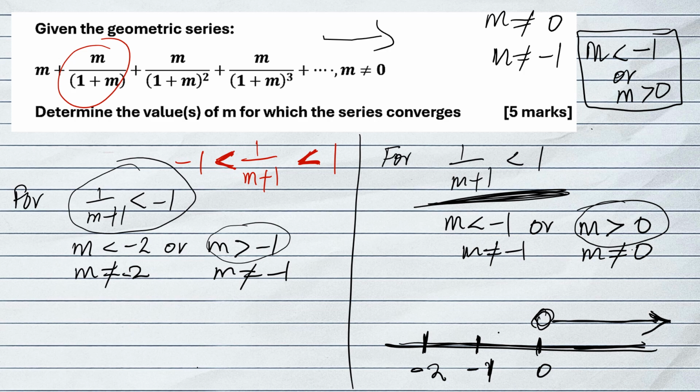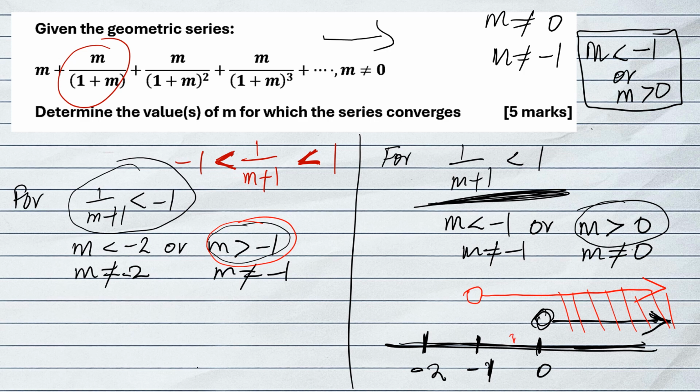I'm just going to use a different color to say greater than. So obviously we know that m greater than 0 is correct because it's also complemented by m greater than minus 1, although we just need to prove whether that will be the case in between.